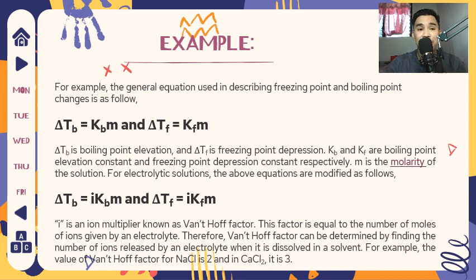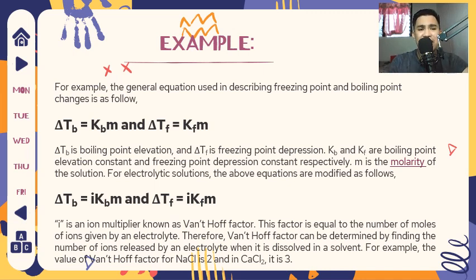So here's the example. For example, the general equation used in describing freezing point and boiling point changes is as follows. We have here the change of T sub B, which refers to the boiling point, is equal to K sub B times molality, and the change of T sub F, or the freezing point, is equal to K sub F times molality.